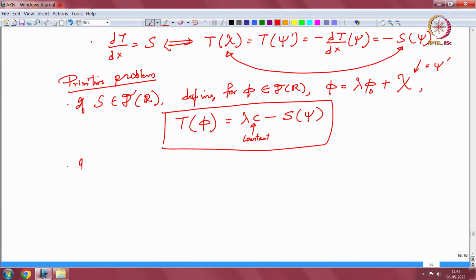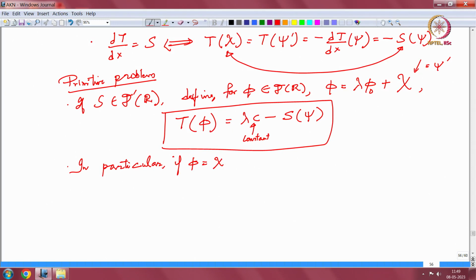In particular, if phi is equal to chi, that is equivalent to saying that your lambda is equal to 0.